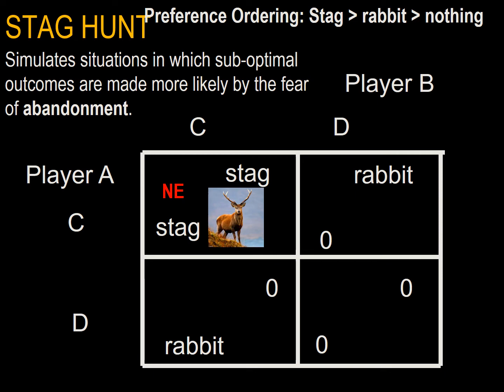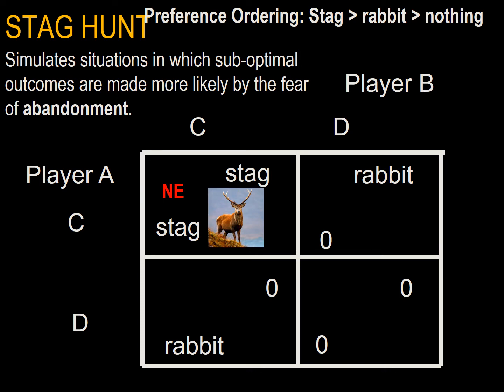The stag provides the most food, then the rabbit provides a lesser amount of food, and nothing is the worst possible outcome. This situation simulates interactions in which suboptimal outcomes are made more likely by the fear not of exploitation or backstabbing, but by the fear of abandonment.